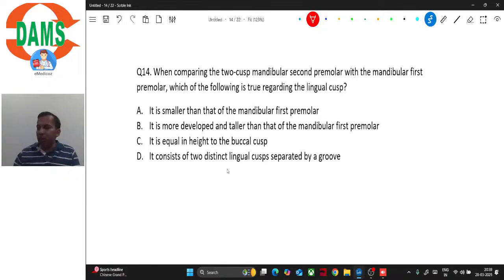When comparing the two cusp mandibular second premolar with the mandibular first premolar, which of the following is true regarding the lingual cusp?